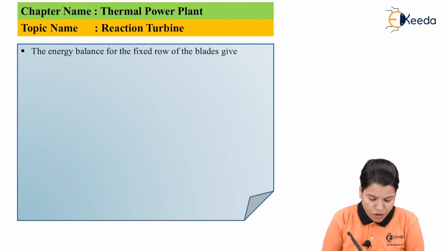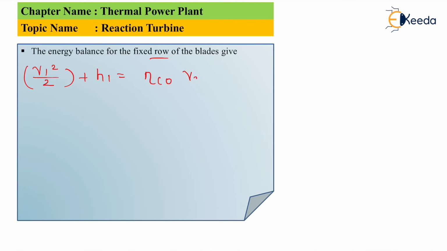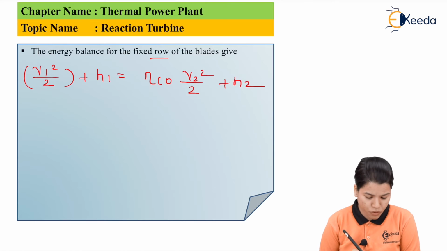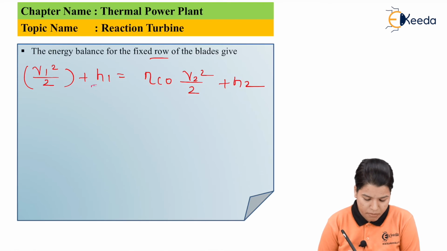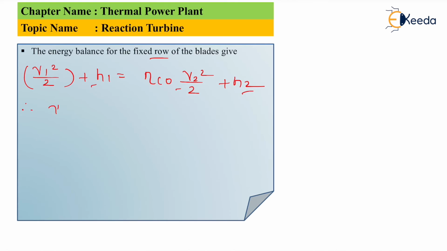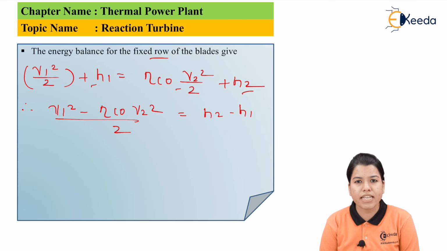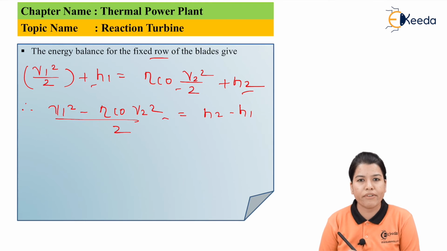So the energy balance for the fixed row of the blades is given by V1 square divided by 2 plus H1 is equal to carryover efficiency multiplied by V2 square divided by 2 plus H2. Further, we can write V1 square minus carryover efficiency multiplied by V2 square whole divided by 2 is equal to H2 minus H1.